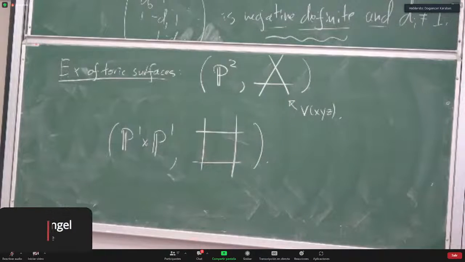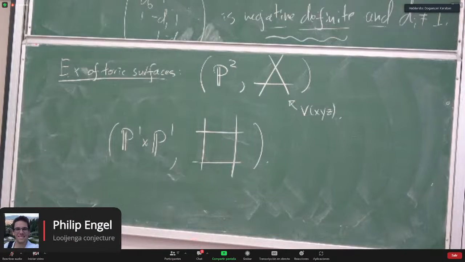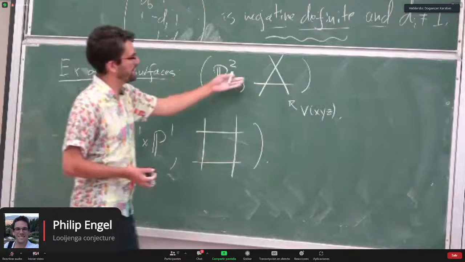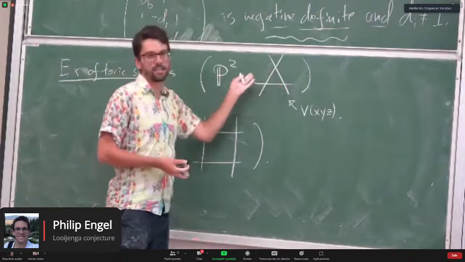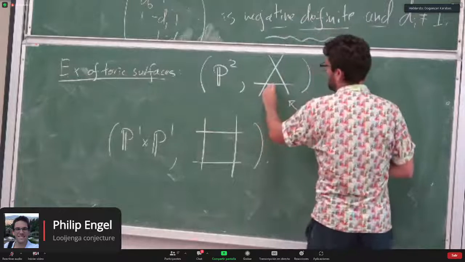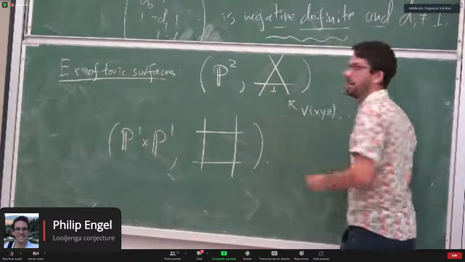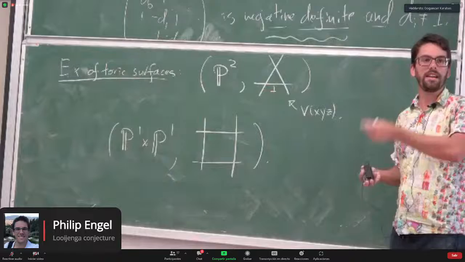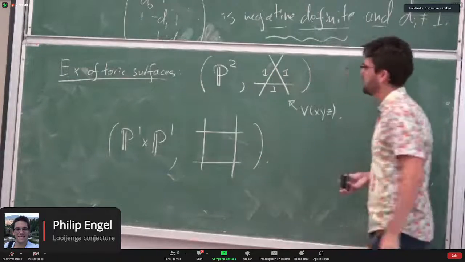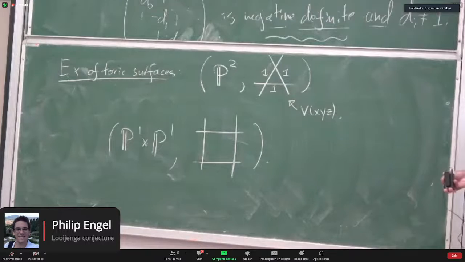These are my pictures of these Looijenga pairs, and I like to label the cycle by the self-intersection numbers of the components. If we take a line and its self-intersection number, we get 1, because if we deform the line, it intersects itself once. All 3 of these components have self-intersection number 1.